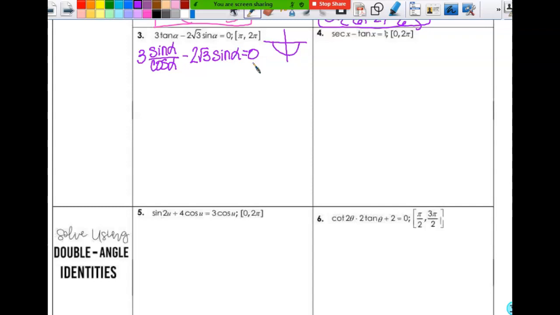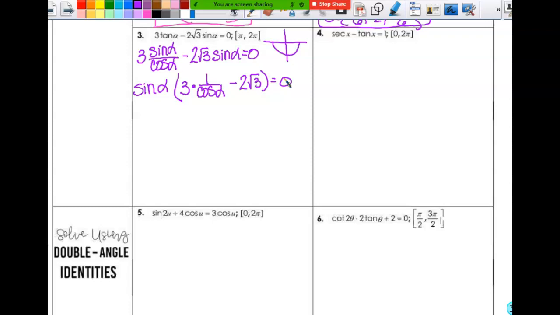Since I did that, now I have a GCF. My GCF is sine alpha. So I'm going to factor that out. That leaves me with 3 times 1 over cosine alpha minus 2 square root of 3 equals 0. Okay.